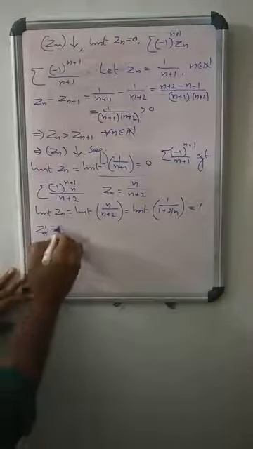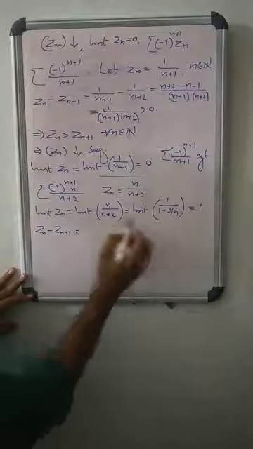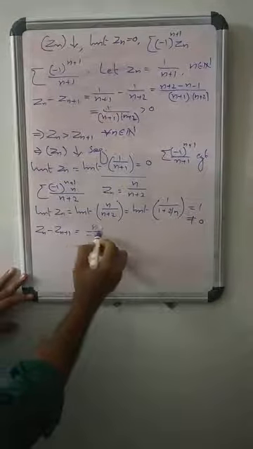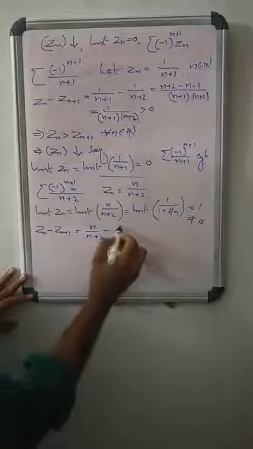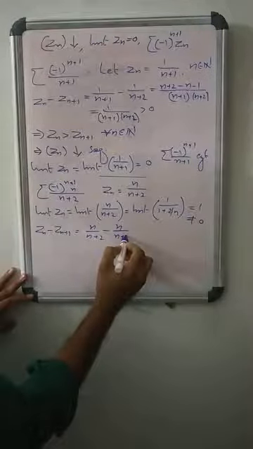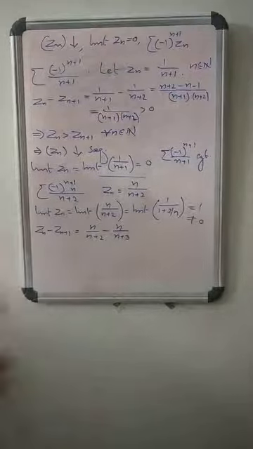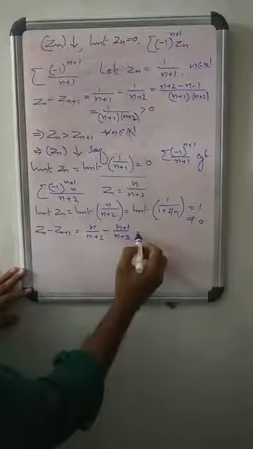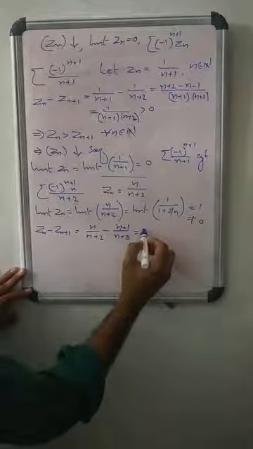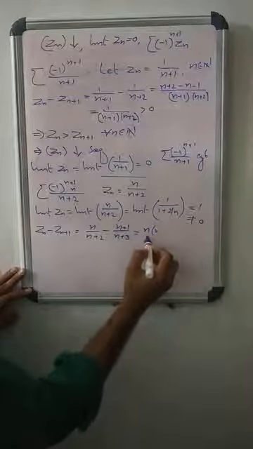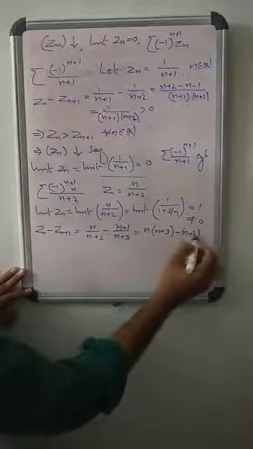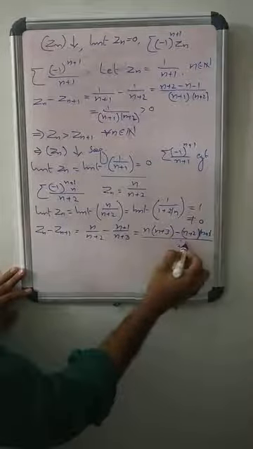Moreover, what is Zn minus Zn plus 1? It differs from 0. So Zn minus Zn plus 1 is n by n plus 2 minus Zn plus 1, which is n plus 1 by n plus 3. So it equals n into (n plus 3) minus (n plus 2) into (n plus 1) divided by the denominator.